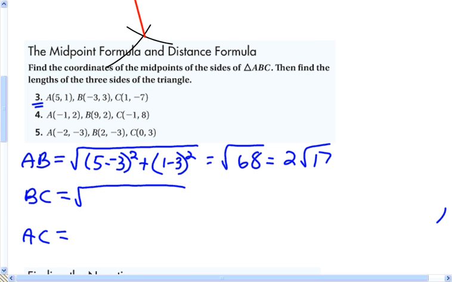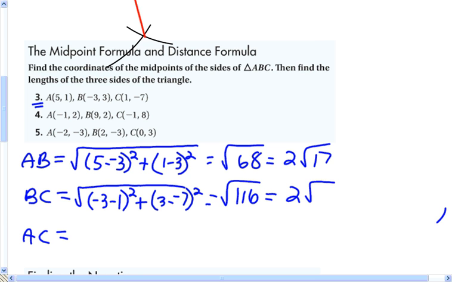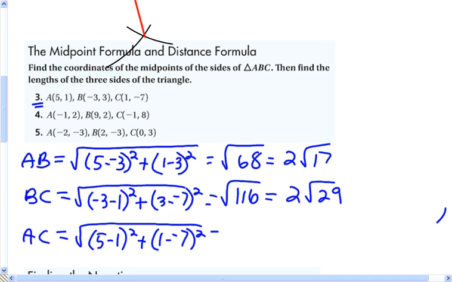The length of segment BC is the difference in the x-coordinates squared plus the difference in the y-coordinates squared, which is the square root of 116, which in simplest radical form is 2 times the square root of 29. And the length of segment AC is the difference in those x-coordinates squared plus the difference in those y-coordinates squared, which is the square root of 80, which in simplest radical form is 4 times the square root of 5.